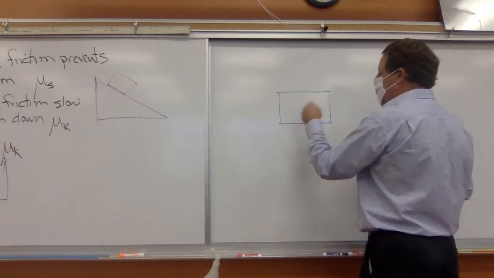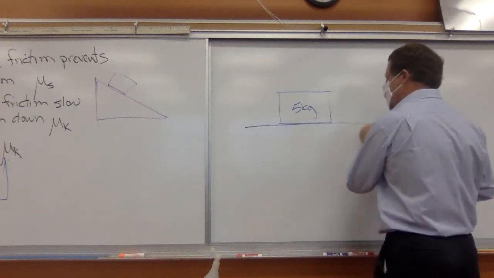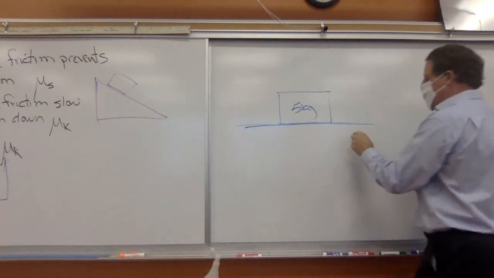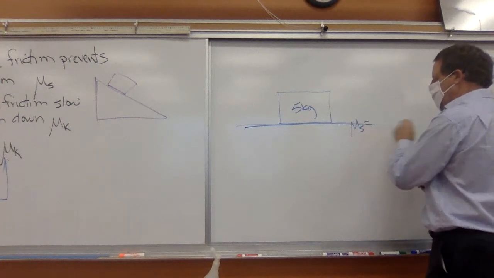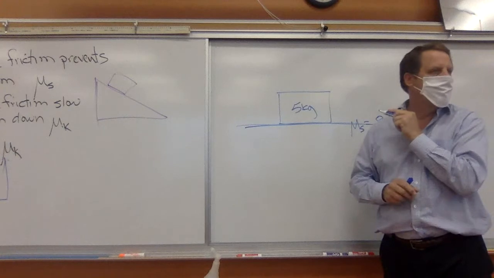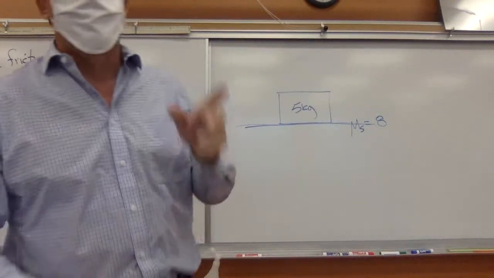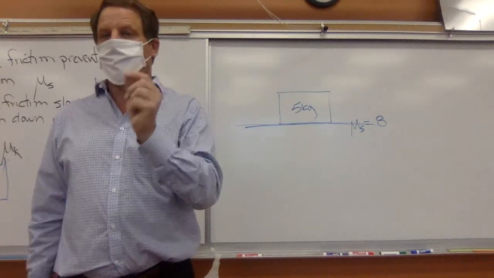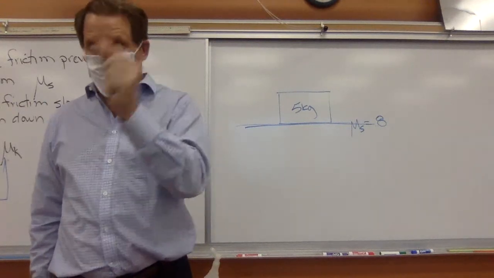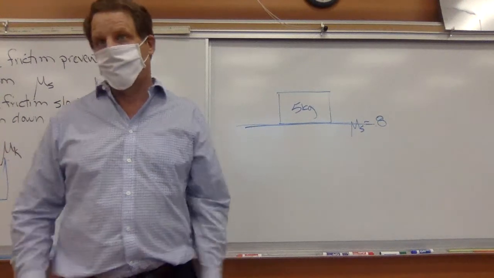Okay. So let's have a 5 kilogram object. And we're going to have a coefficient of static friction that's equal to 0.8. And I want to know how much force is required to get that object moving.